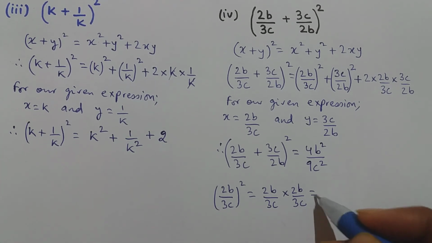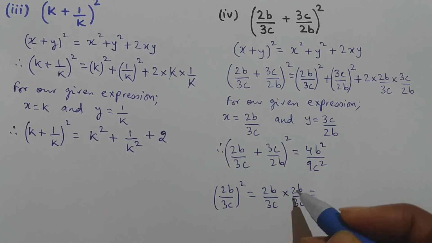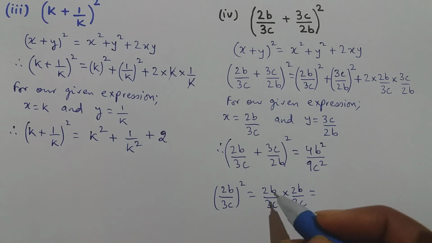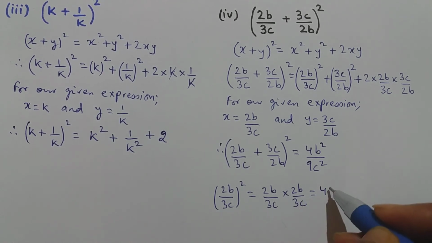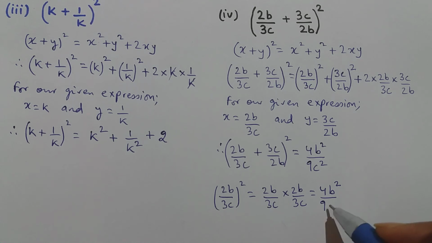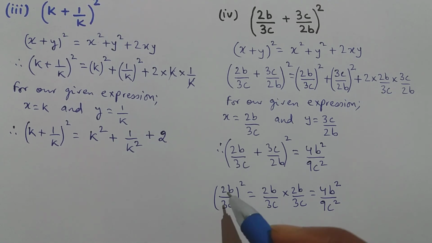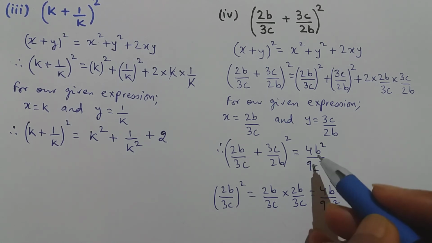First we multiply the numerators: 2b into 2b, 2 into 2 is 4, b into b is b square. Now let us multiply the denominators: 3c into 3c, 3 into 3 is 9, c into c is c square. So 2b upon 3c whole square gives us 4b square upon 9c square.